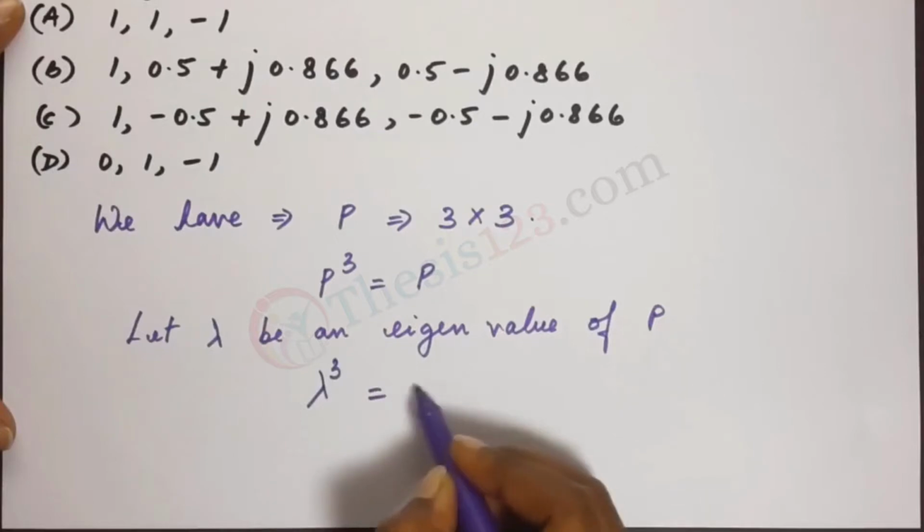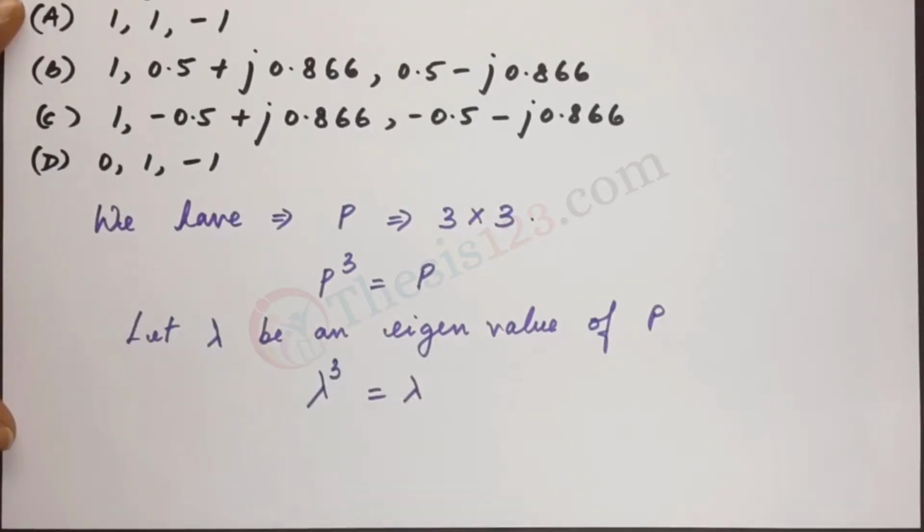So lambda cube is equal to lambda. Let's write this in equation form: lambda cube minus lambda is equal to 0. Taking lambda common, we get lambda times lambda square minus 1 is equal to 0.